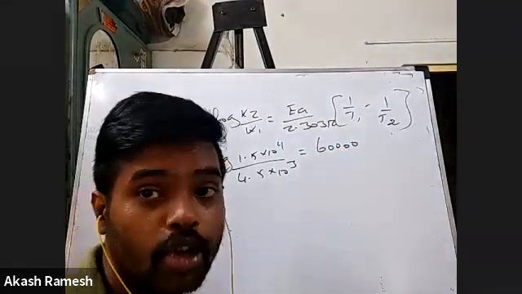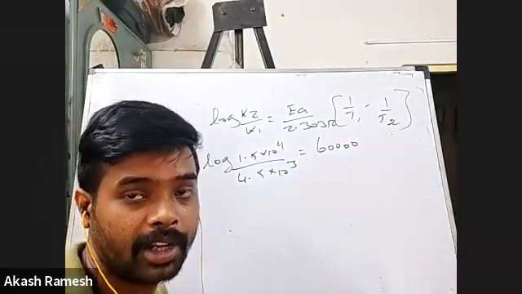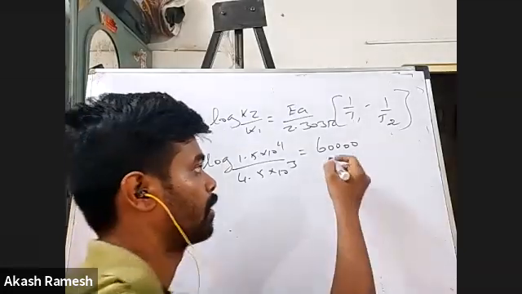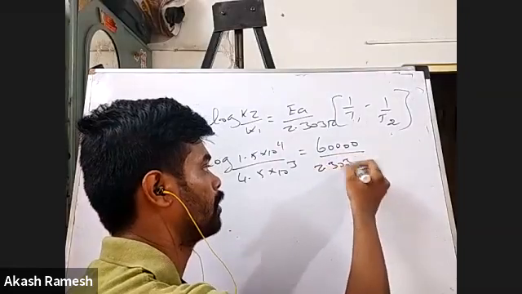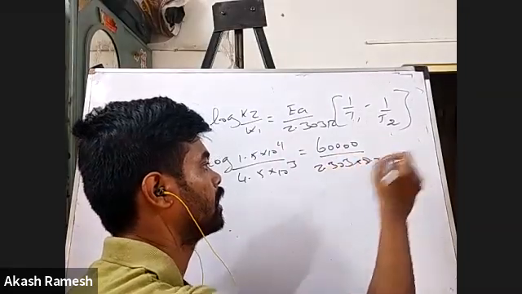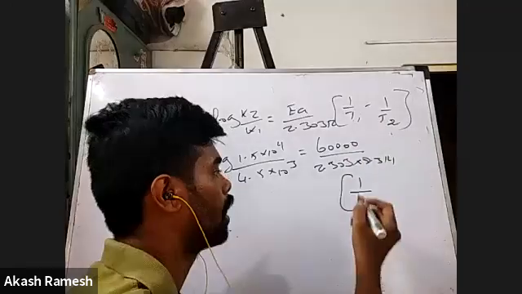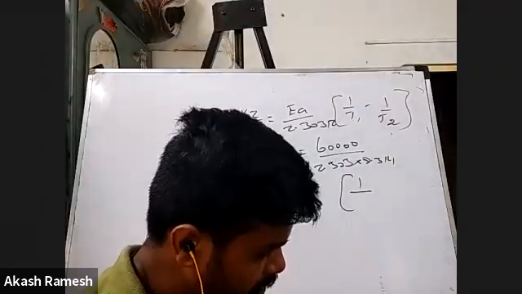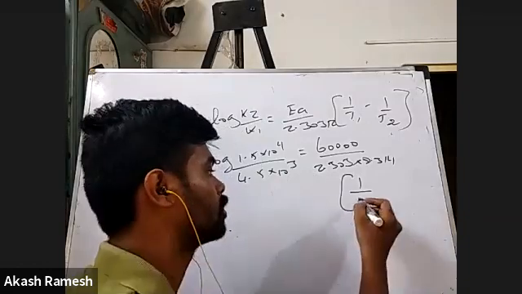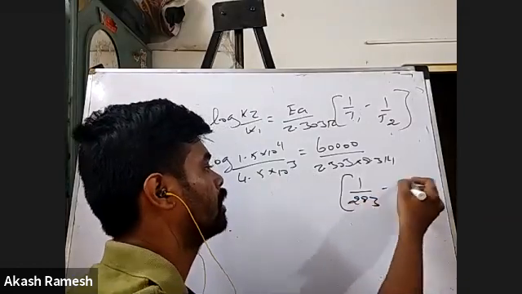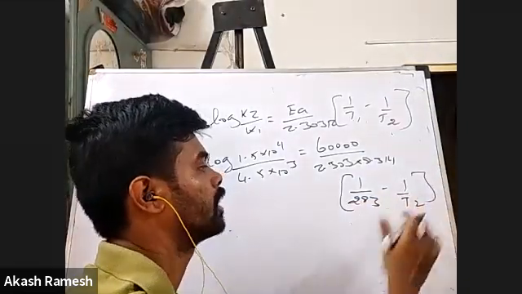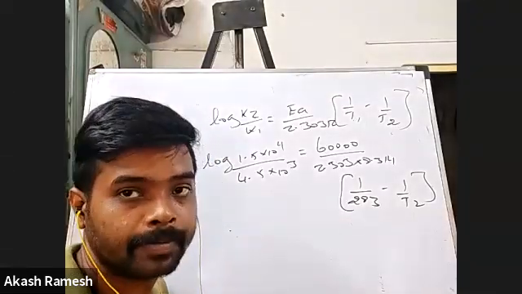Divided by 2.303 into 8.314, into 1 by T1, where T1 is 10 degrees Celsius, so it is 283, minus 1 by T2. So this T2 only we have to find.